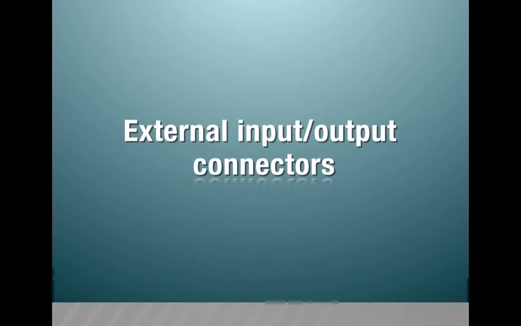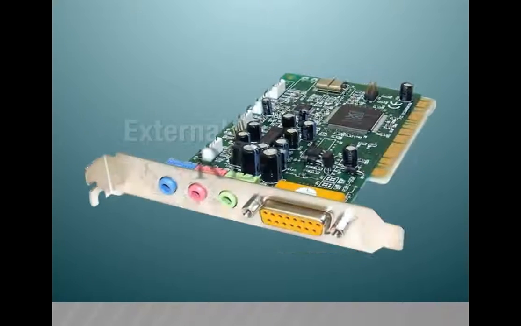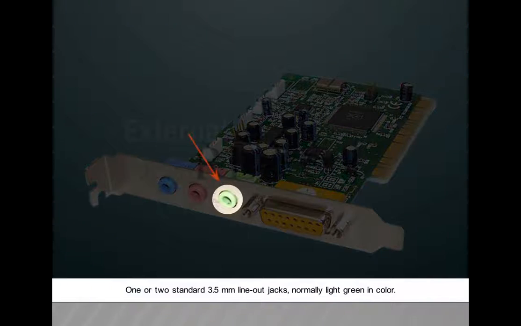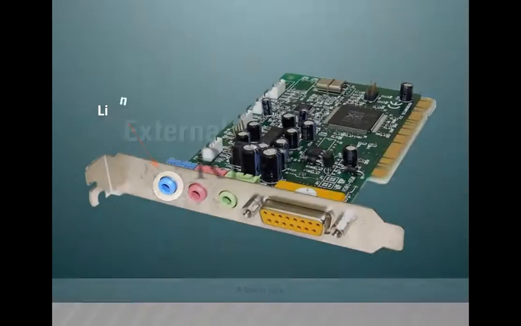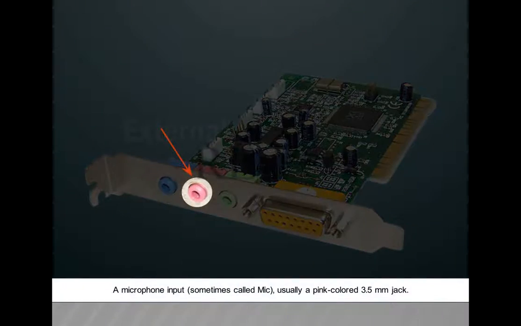External input or output connectors. One or two standard 3.5 mm line-out jacks, normally light green in color. A line-in jack. A microphone input, sometimes called mic, usually a pink-colored 3.5 mm jack.